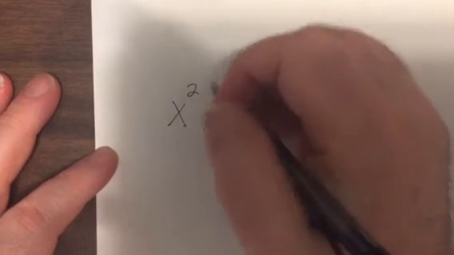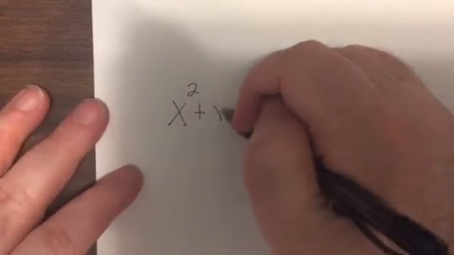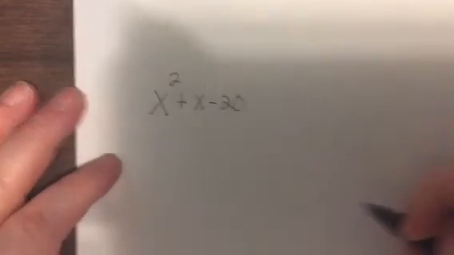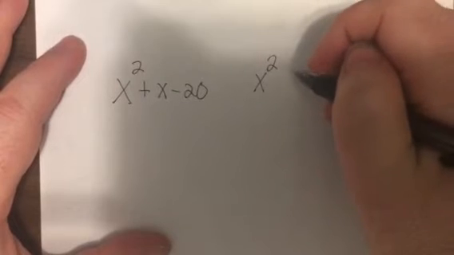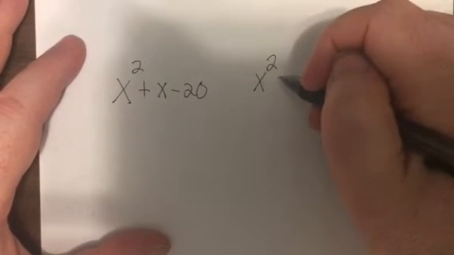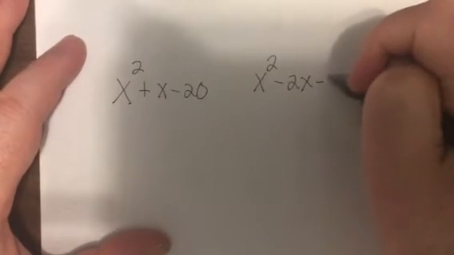So try just a couple for me here. Then we'll go from there. X squared plus x minus 20. X squared minus 2x minus 15.